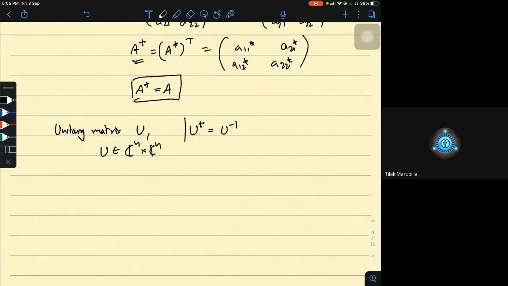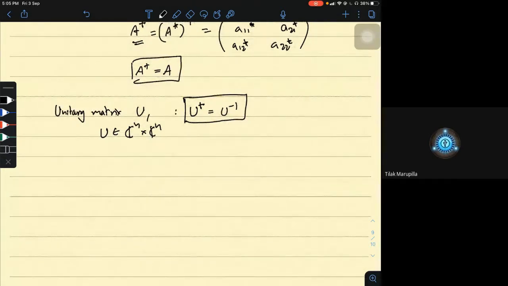This requires that its Hermitian conjugate is the inverse of the operator U. So we require that the Hermitian conjugate of a unitary operator is the inverse of the unitary operator itself. By definition, this defines a unitary operator. This is very useful in quantum computing, and in quantum systems in general, as we'll see in lecture 1.